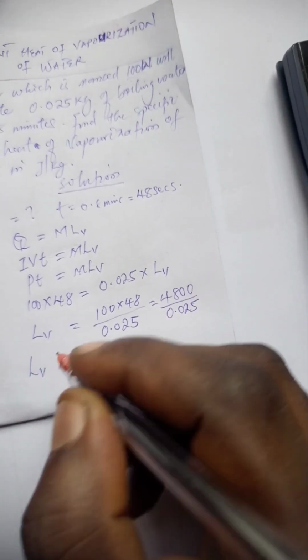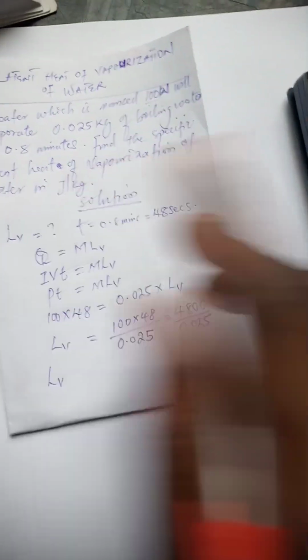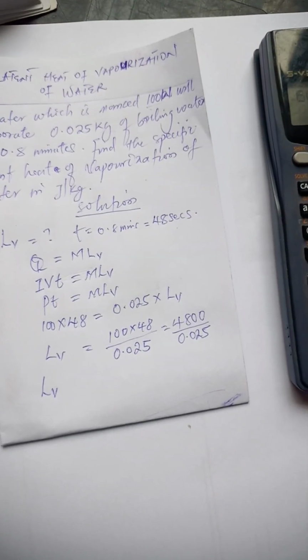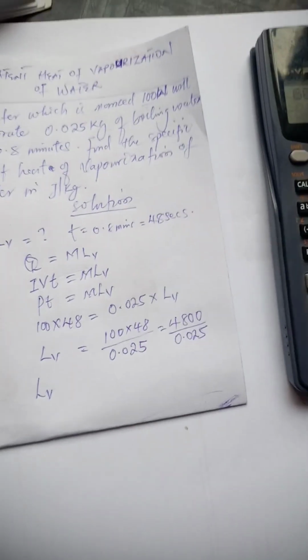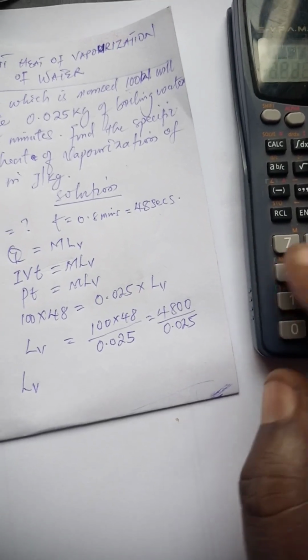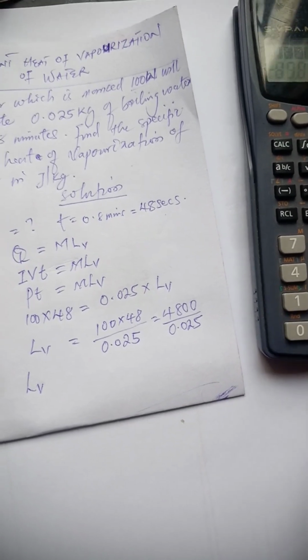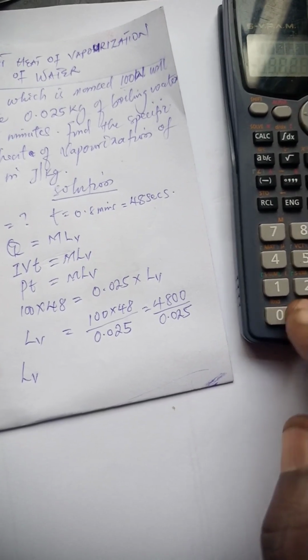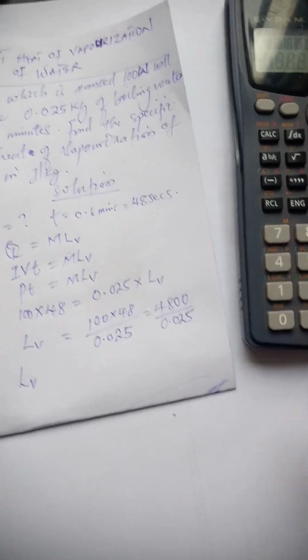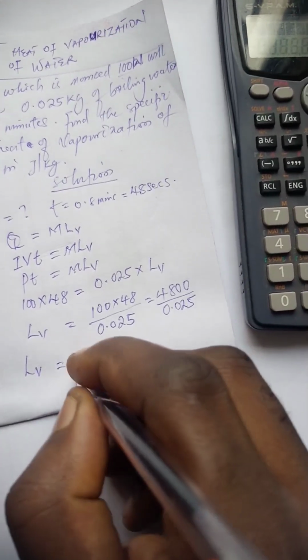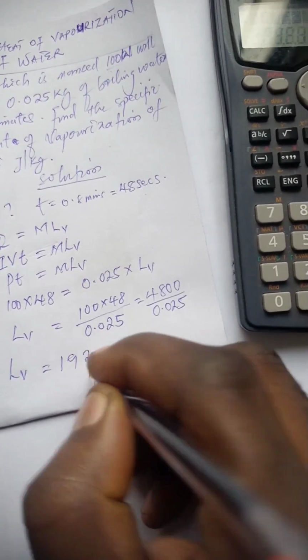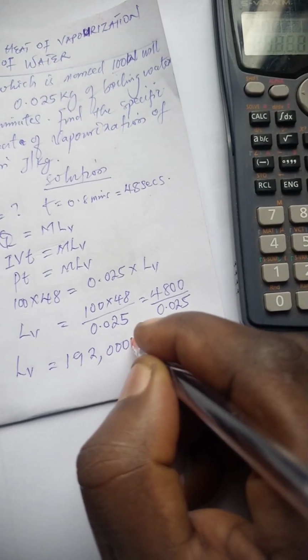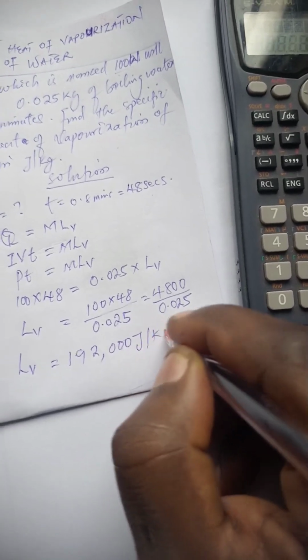So our specific latent heat of vaporization of water will become 4800 divided by 0.025. So we have 192,000 joules per kilogram.